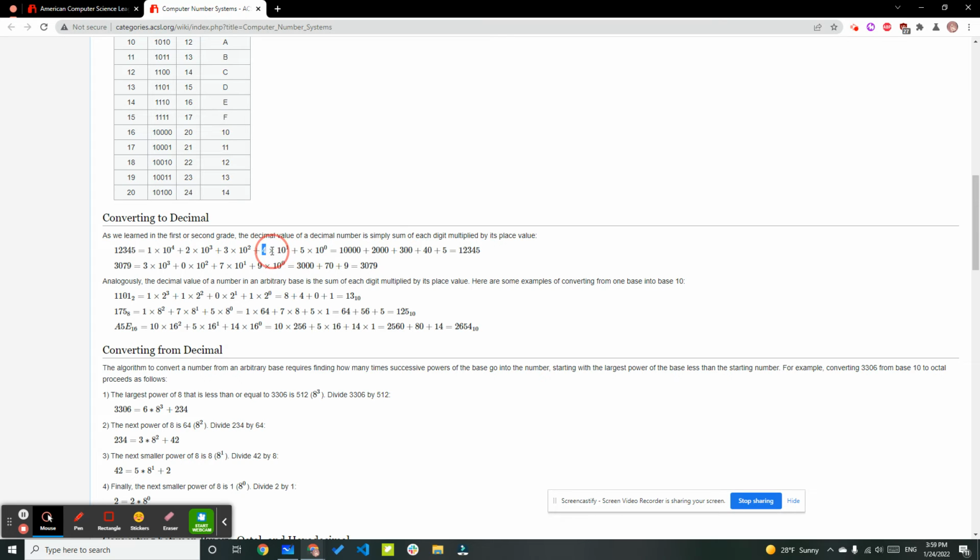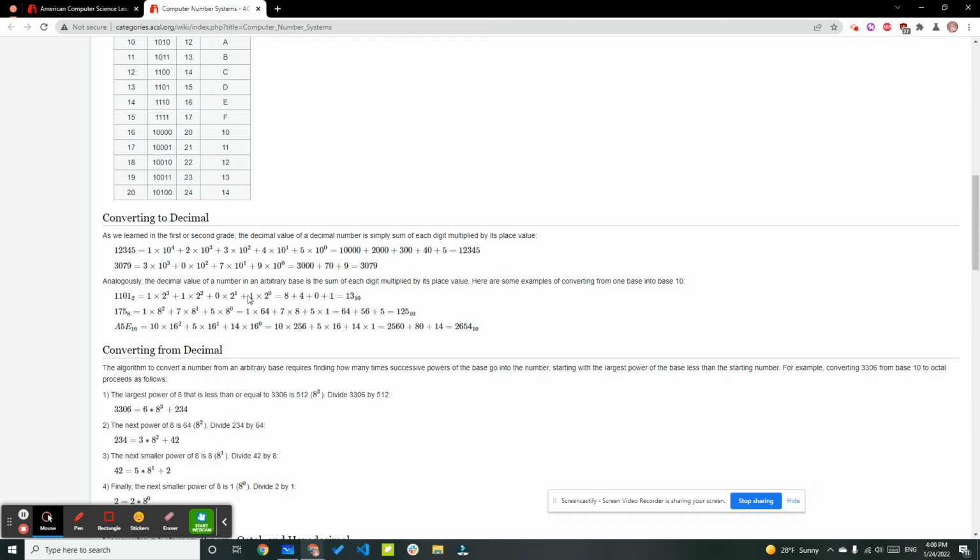And then 40, and then 5. You just add those up, like in regular math. The decimal value is the sum of each digit multiplied by its place value.